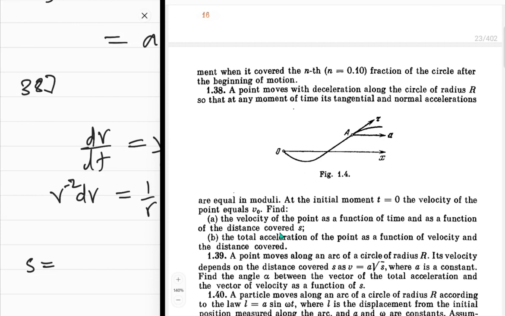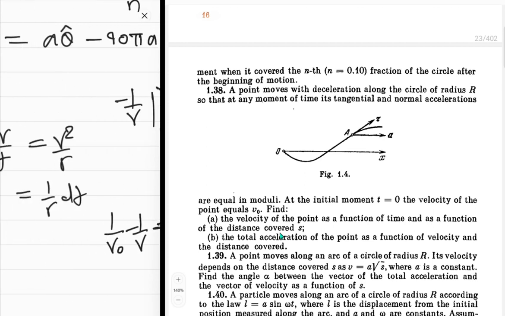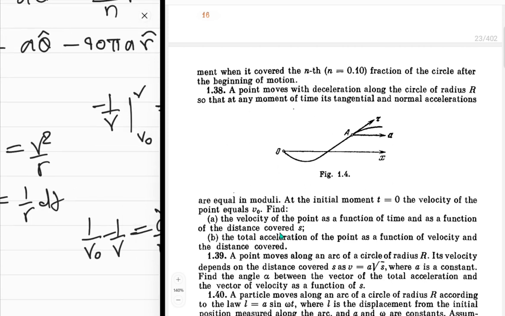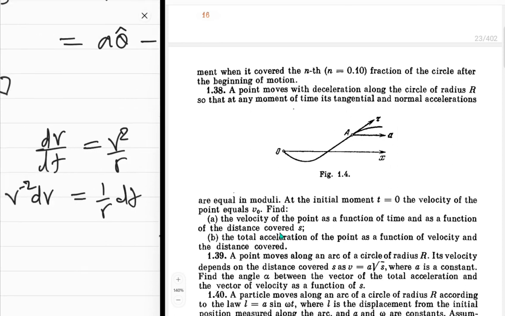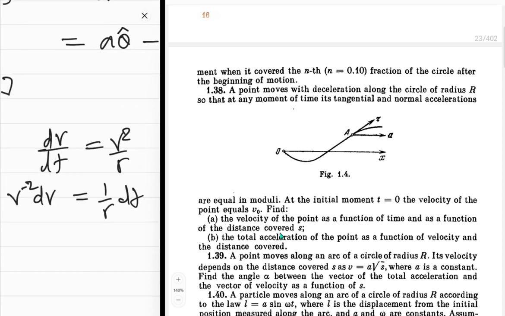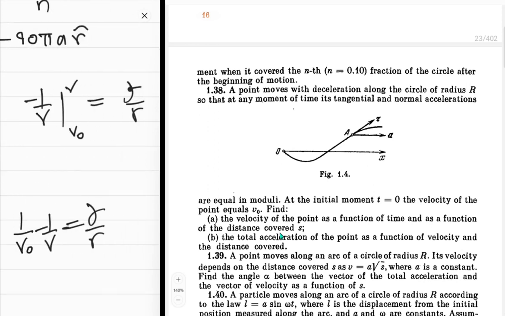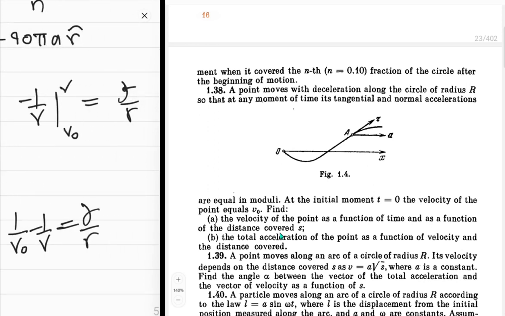So dv upon dt, oh yeah, actually it's not that bad. Once you know what v is, it becomes a piece of cake to find the time dependence for the distance. Basically the integration of v dt should be your distance covered, and you have v as a function of time, so it's doable.